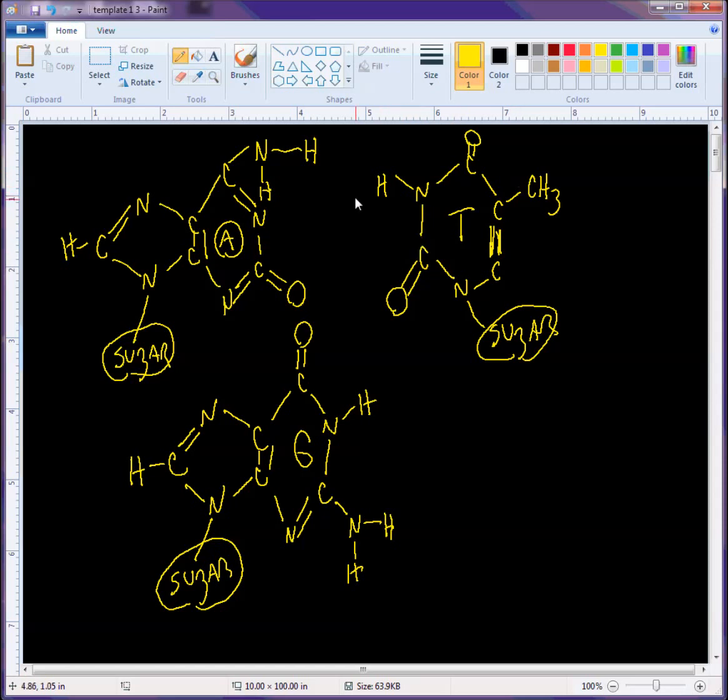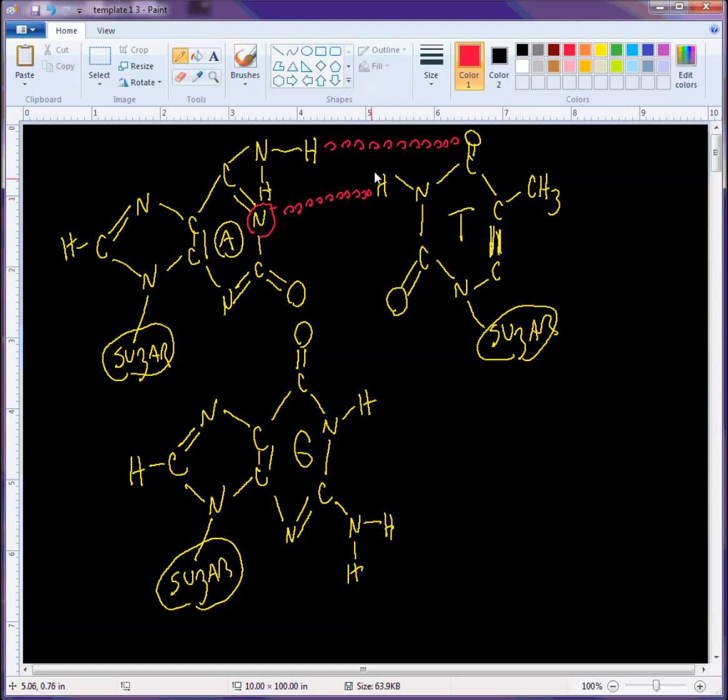Okay, so now our hydrogen bonds, I'll draw these in red. So one of these hydrogens of this nitrogen up here is going to form a hydrogen bond with this oxygen over here, and this nitrogen right here has a slightly negative charge, and it's going to form a hydrogen bond with that hydrogen of that nitrogen right there.